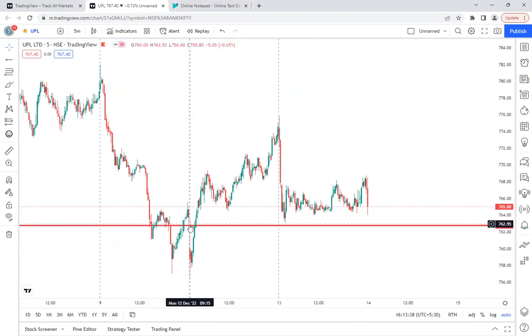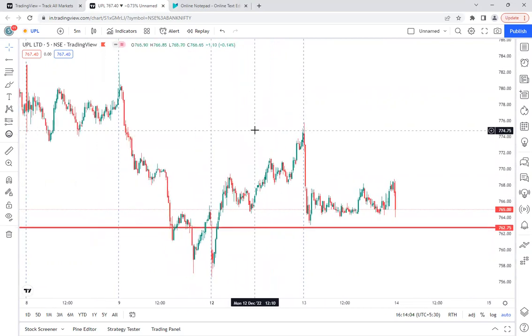It tried to go up, it fell down, and immediately they brought it up and slowly started buying, and it went roughly from 754 to 774. They made this huge range of buying in yesterday's price action, almost 20 rupees of buying.